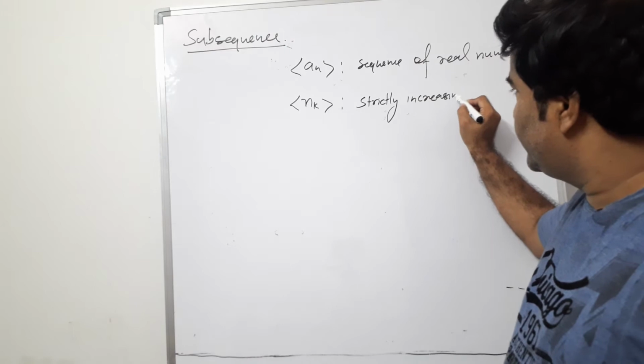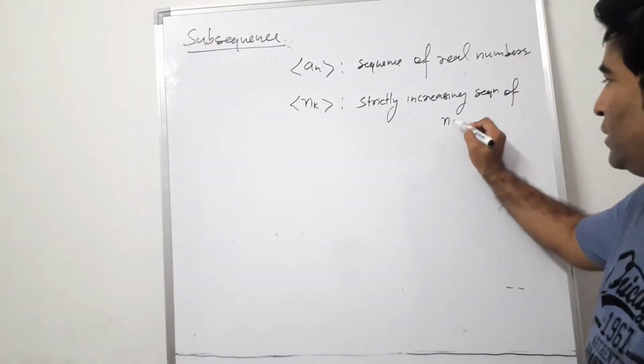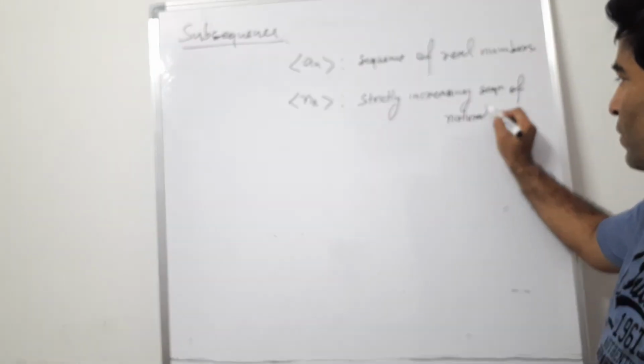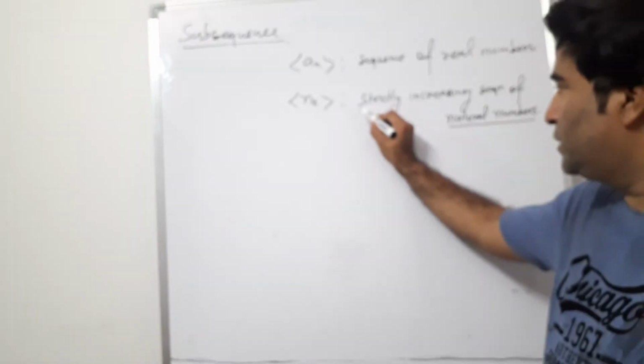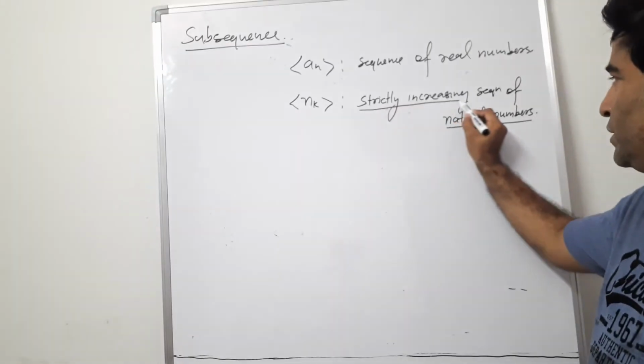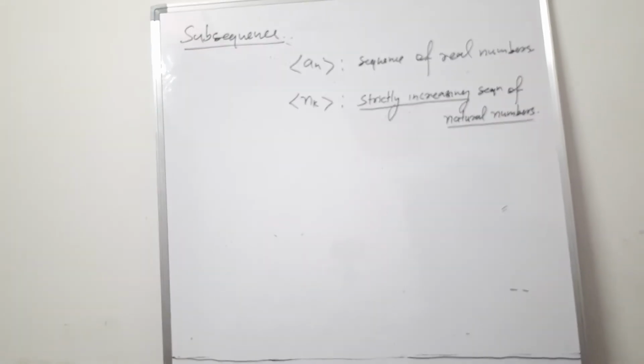This is actually a strictly increasing sequence of natural numbers. Here it is important, we construct a strictly increasing sequence of natural numbers.